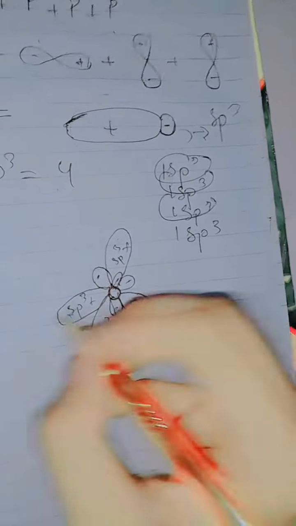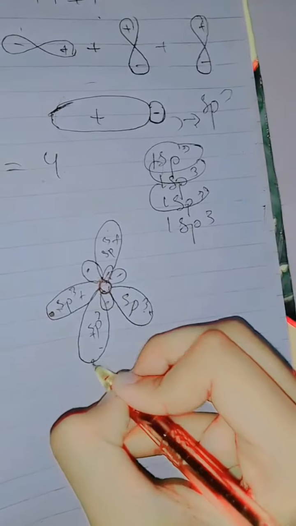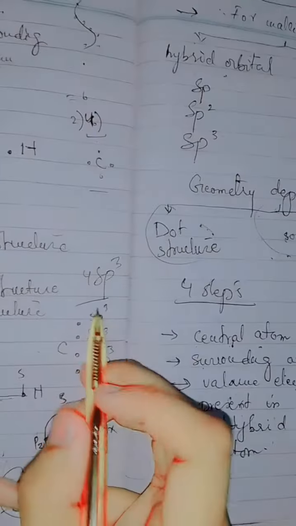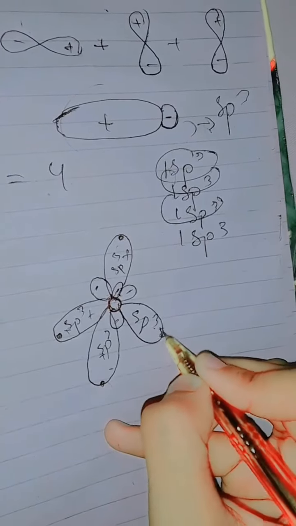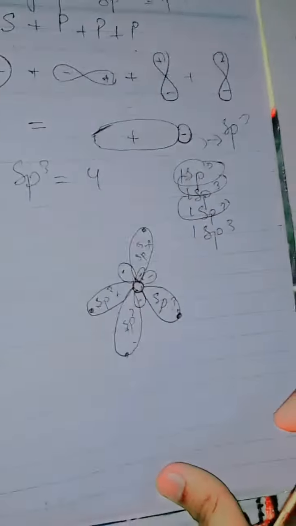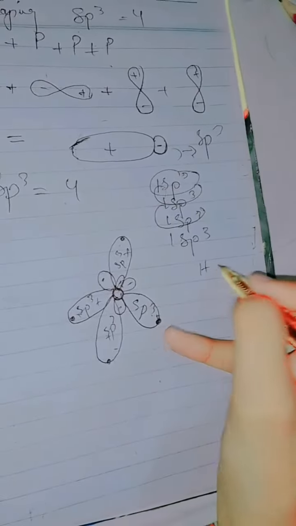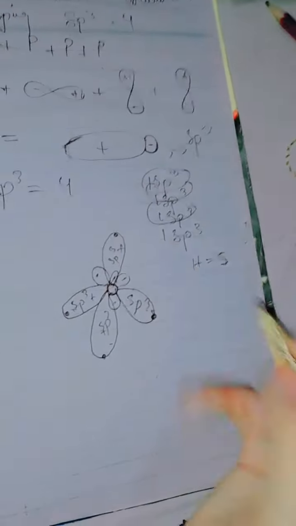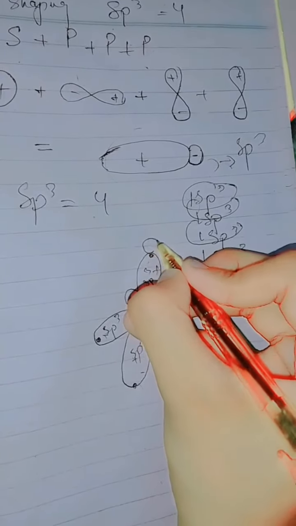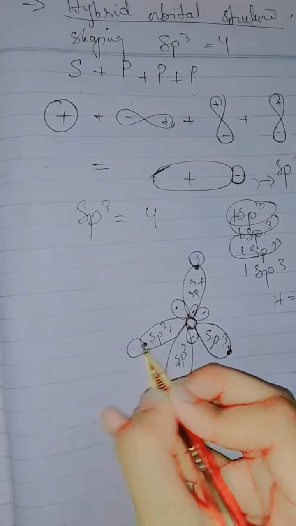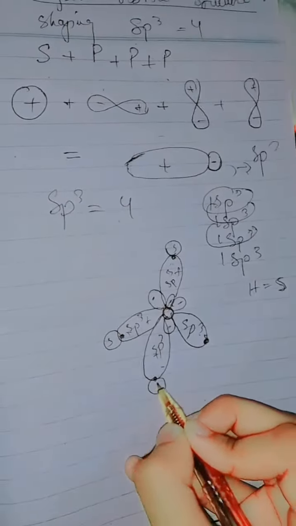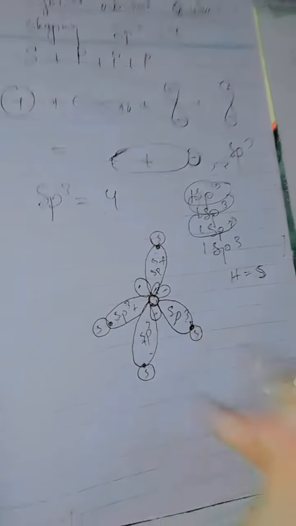Now there are 4 sp3 and each carries 1 electron. As I have discussed, in every sp3 hybrid orbital there is 1 electron. Now there are 4 hydrogens with the s subshell. They attach with these electrons.